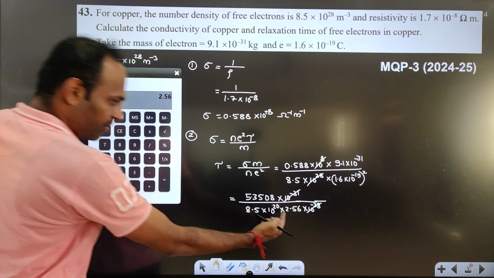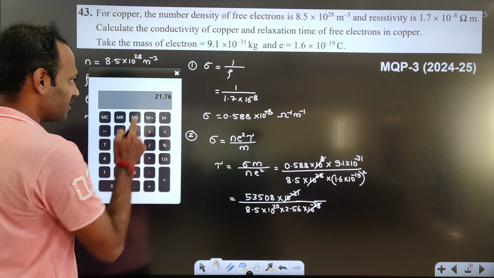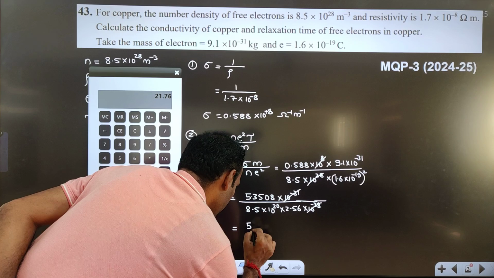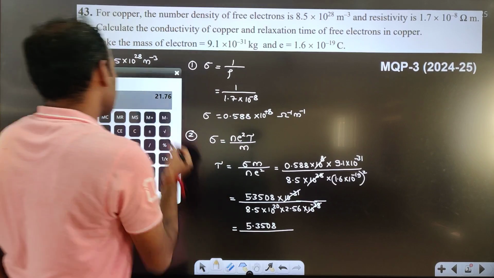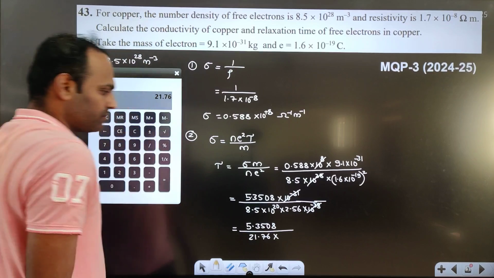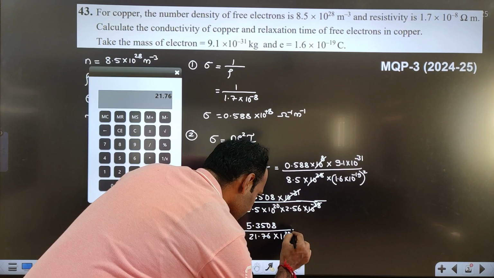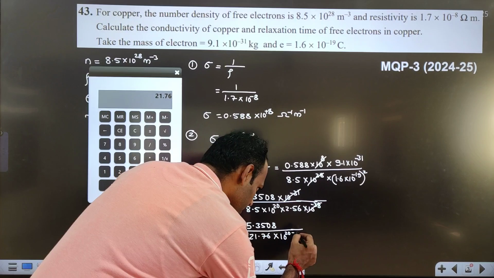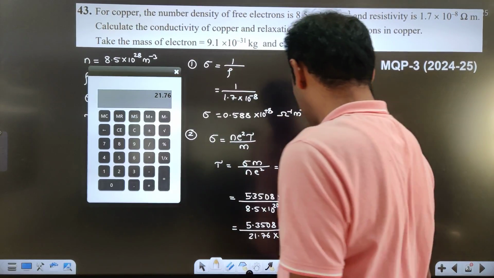First let us multiply these both: 2.56 into 8.5 is 21.76. So here I will write 5.3508 divided by 21.76 into 10 to the power 20, and with the 10 to the power minus 7, 20 minus 7 gives 10 to the power plus 13.